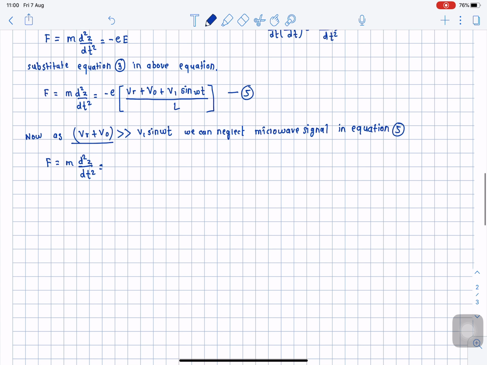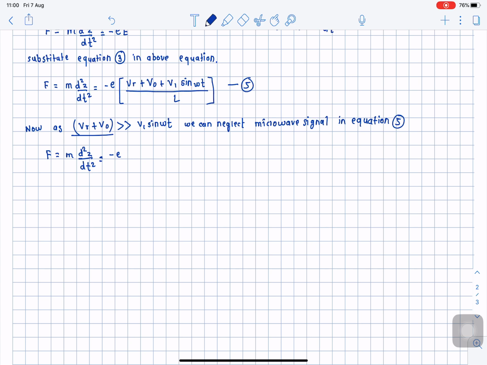Now I will neglect the microwave signal and keep the remaining things, Vr plus V0 divided by L. So this can be written as m d2z upon dt square equals minus e into bracket Vr plus V0 divided by L. Let us call this equation number 6.